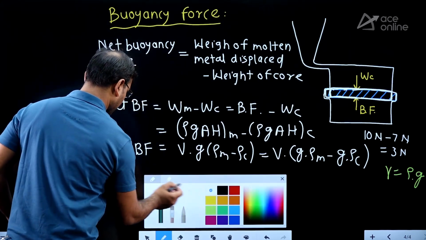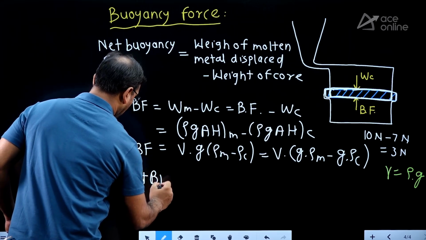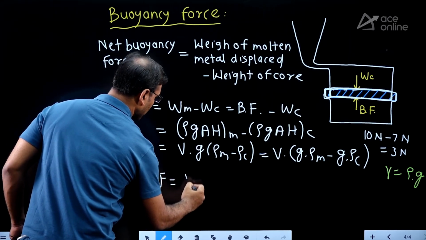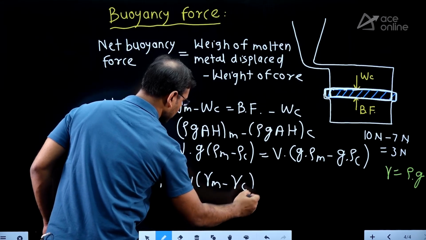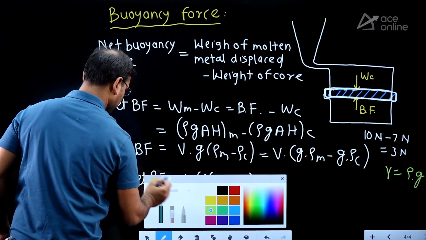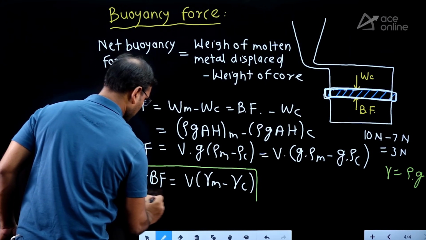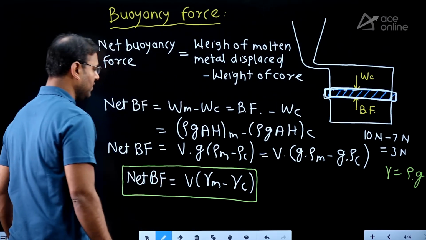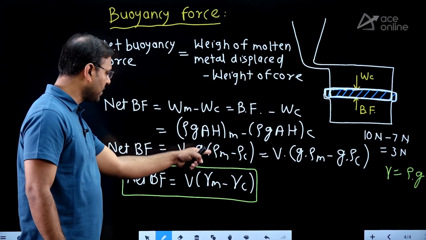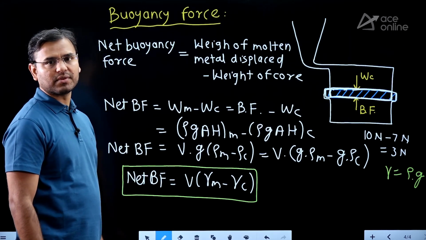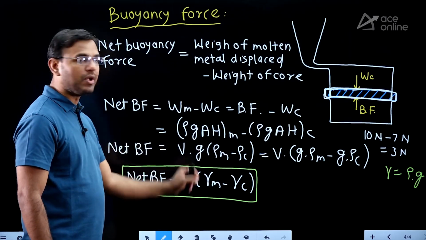Therefore the formula for net buoyancy force is equal to volume into gamma m minus gamma c. This is also one of the formulas. The two formulas we have: one in the form of density and one in terms of gamma.